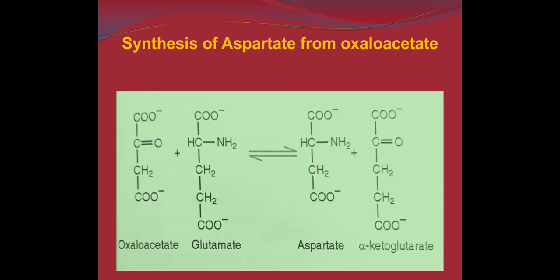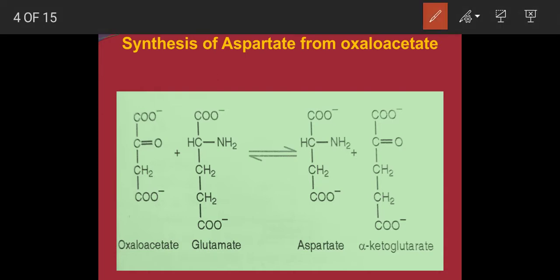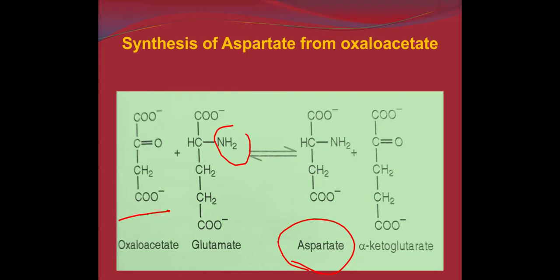Now, the synthesis of aspartate from oxaloacetate. The aspartate is derived from oxaloacetate by a simple transamination reaction, and in this transamination reaction, the glutamate donates its amino group to oxaloacetate and aspartate is formed. This reaction is catalyzed by enzyme aminotransferase.